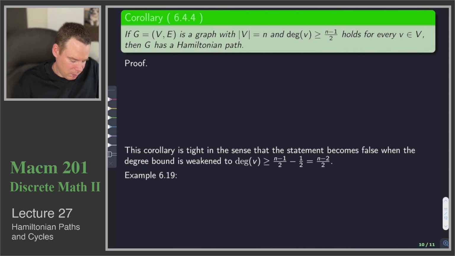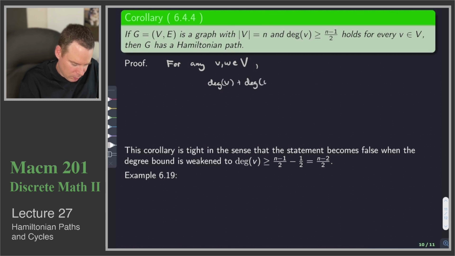What can we get from this then? Well, as a corollary, we can get that if every vertex has degree at least (n minus 1) over 2, then we have a Hamilton path. And the proof of that is for any V, W in the vertex set, the degree of V plus the degree of W is at least (n minus 1) over 2 plus (n minus 1) over 2, which is at least n minus 1.